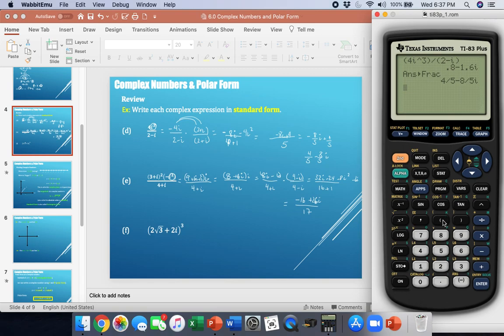Let's check that last one. I'm sorry, yeah, the last one I did. 3 plus i squared times negative i cubed, divided by 4 plus i.